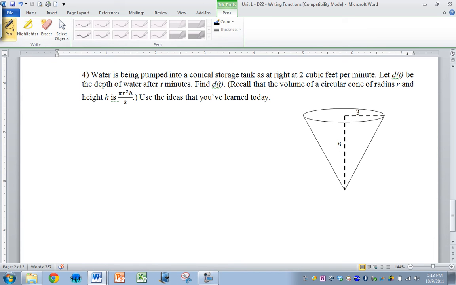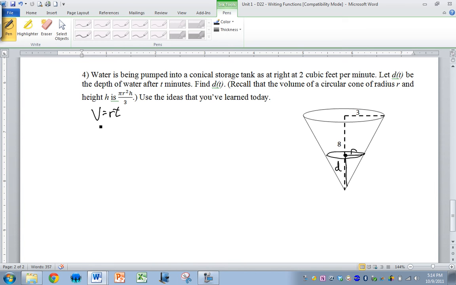If we draw the water in here, this right here is going to be the radius of my water, and this is going to be the depth of my water. So this is r, this is d. So let's write what we know with some equations that we can generate. First of all, the volume that's going to get pumped in is the rate times however long you pump it in there.